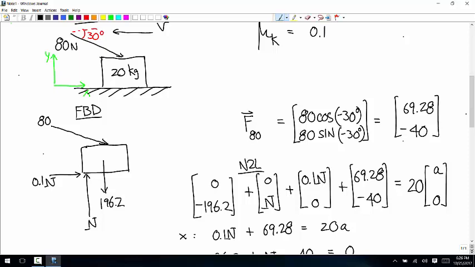Let me try to explain this one more time. Say that there's no friction there, and say that you just have a horizontal 60 newton force pushing this to the right. That would be the only horizontal force, and so the x component of Newton's second law would tell us that the acceleration is equal to 3 meters per second squared going that way.